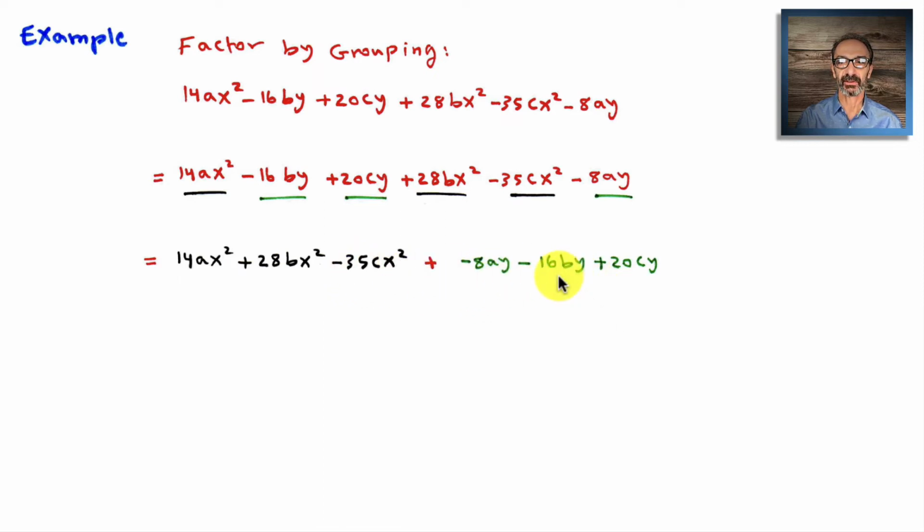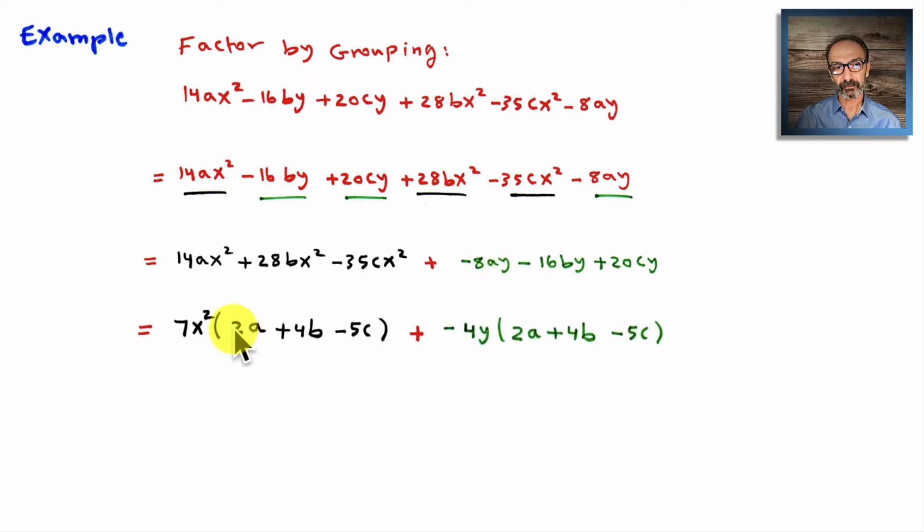From this right here, we're going to see 8 and 16 and 20. They all divide by 2. I could see that. But they all actually divide by 4. 8 divides by 4, 16 divides by 4, and 20 divides by 4. So we're going to take 4 out, and we're going to take y out. Since I have a minus, I'm going to take the minus. So I'm going to take minus 4y.